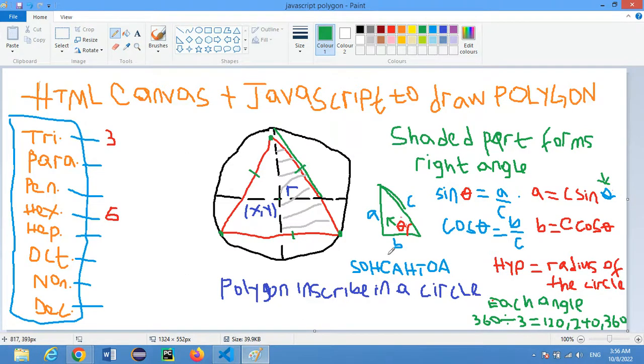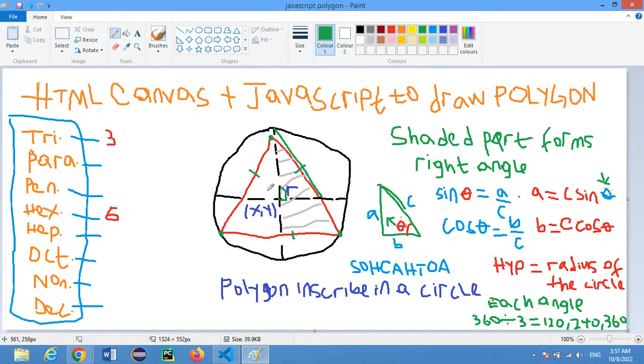Then to get each of these angles, to get this particular angle and the one here, we have to divide the value of a circle, which is 360 degrees, by the number of sides of the polygon we are looking at, which is a triangle, which gives us 120 degrees.